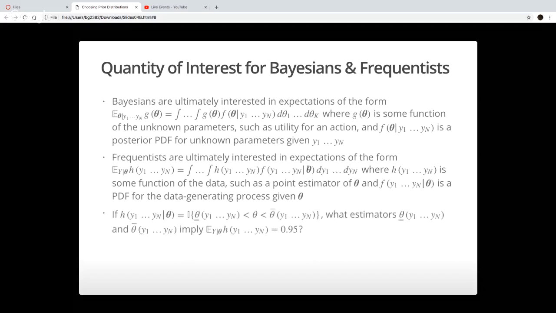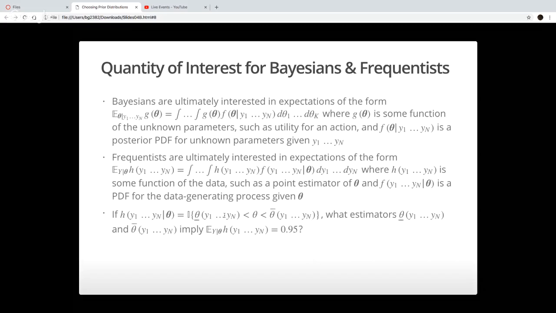And in particular, that comes up in the case of confidence intervals, where H is a function that returns 1 if and only if the true parameter theta is between some lower bound and some upper bound. So if that is our H function and we take the expectation of it, we want it to come out to be 0.95 if it's a 95% confidence interval, or 0.9 if we want a 90% confidence interval.